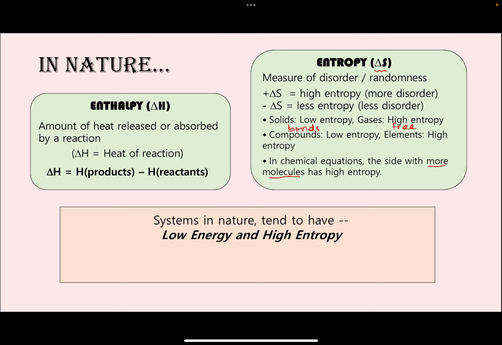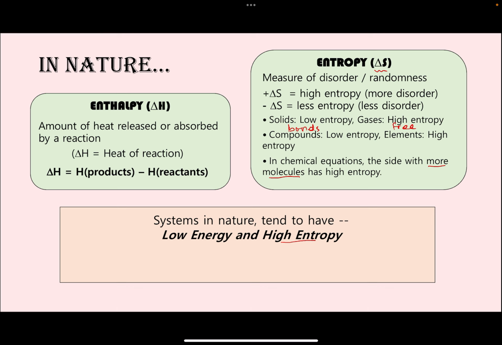So high entropy kind of makes sense because things in nature are not always super organized, and it also takes a lot of effort to organize things. So randomness takes less effort. So that's why high entropy is favored.